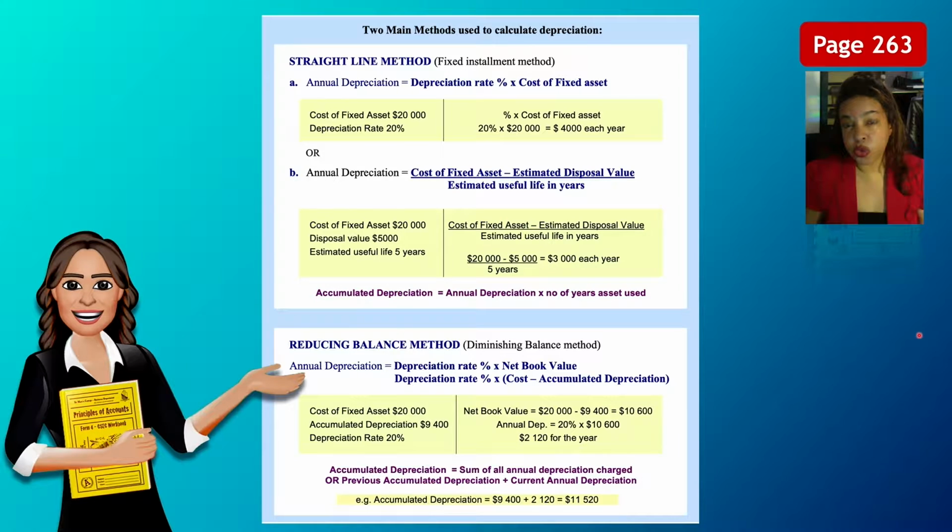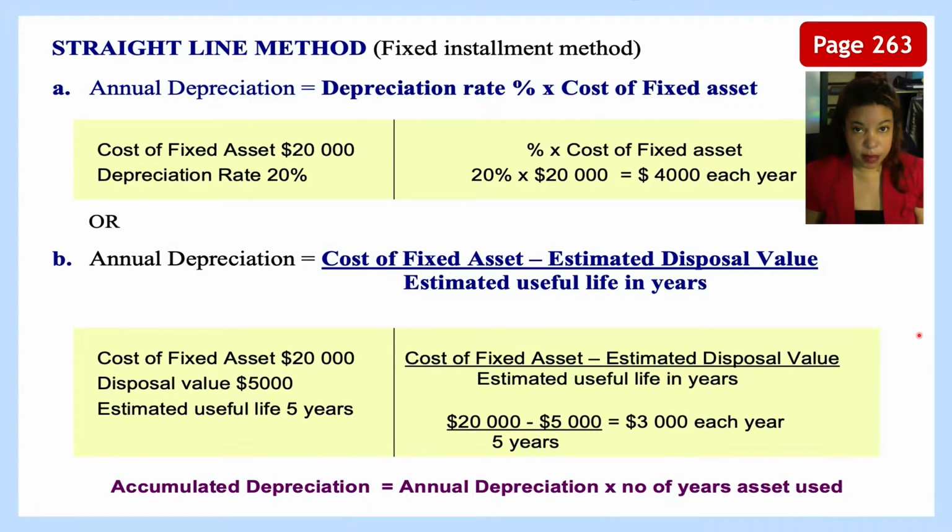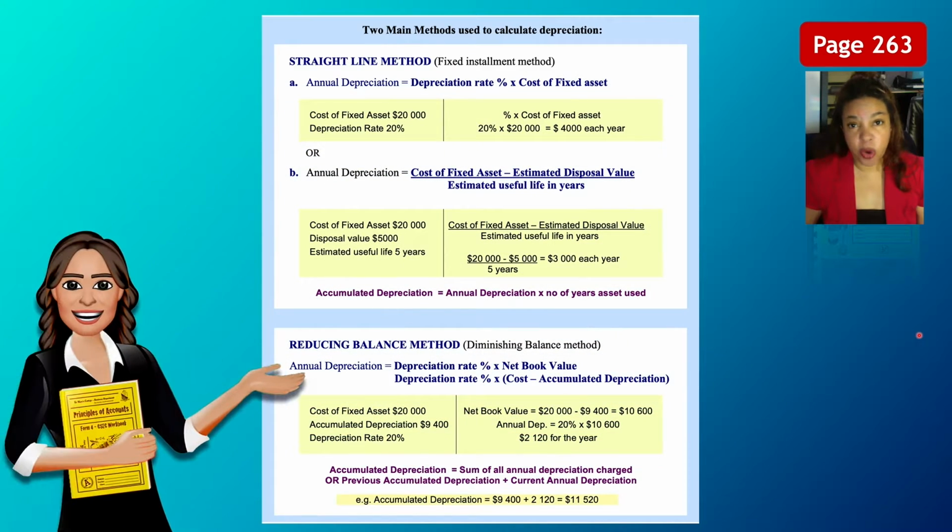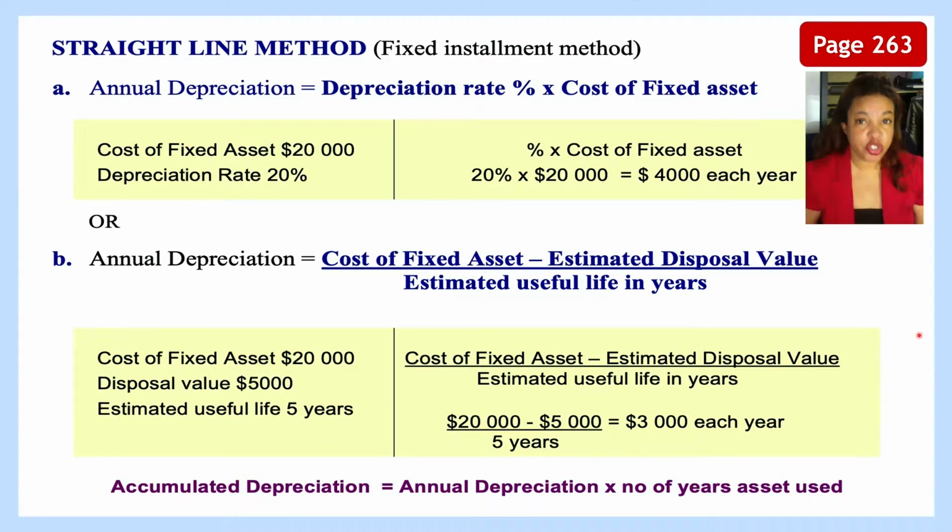So today we are going to do the straight line method of calculating or estimating depreciation expense. As we saw before, we have two methods, the straight line method and the reducing balance method. But the straight line method assumes that the reduction in the value of the non-current asset is at an equal rate.